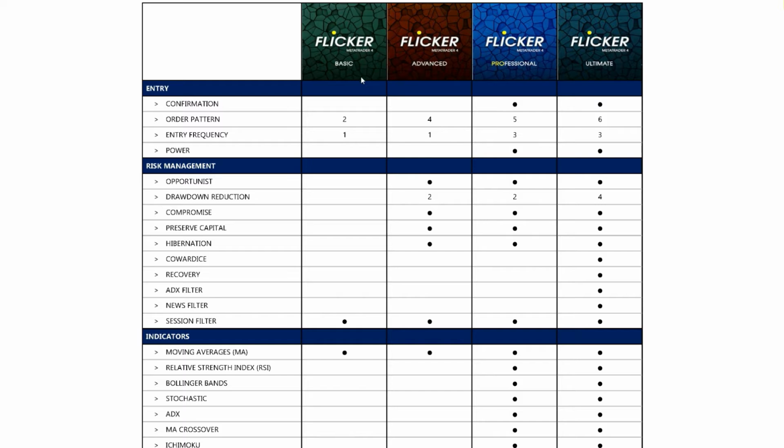Now each tier introduces a different set of features which makes them more unique, more special, or an improved version of the one before.